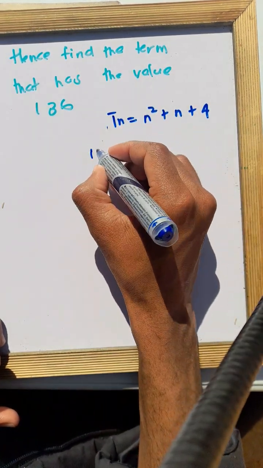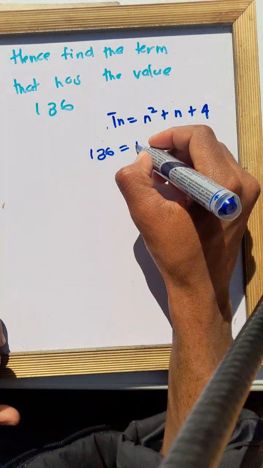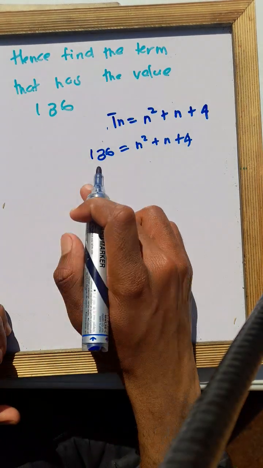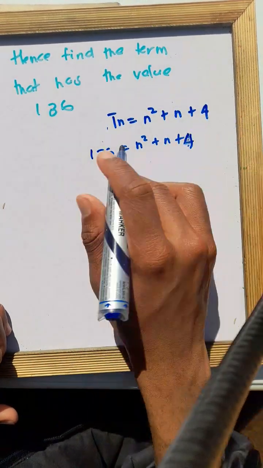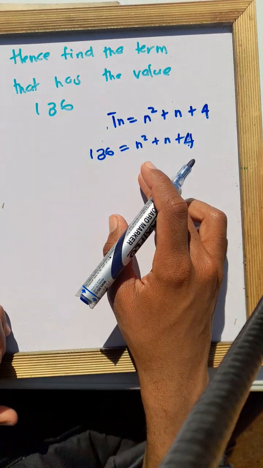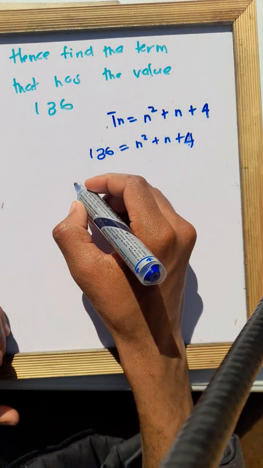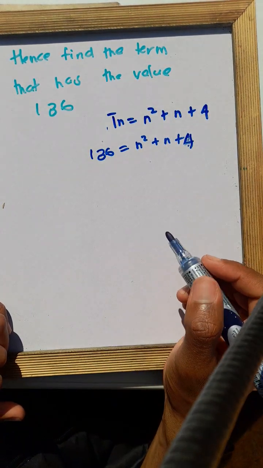So I can substitute the value of 136 is equal to n squared plus n plus 4. We are going to solve a quadratic equation here. In order to solve a quadratic equation, you have to ensure that on the right hand side there is only 0.